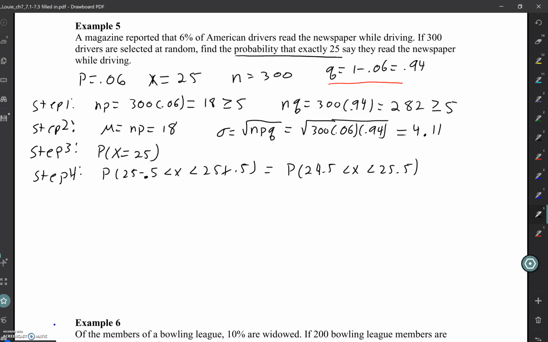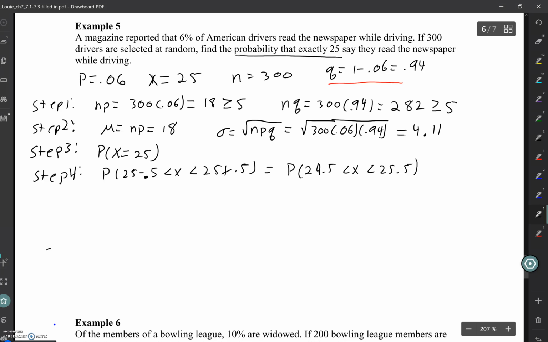All right. So now that I actually know the interval I'm going to be finding the probability of, I can draw it out and take this to the normal world. We found the mean to be 18, and then we're in between 24.5 and 25.5. So we want the area of this little region right here.